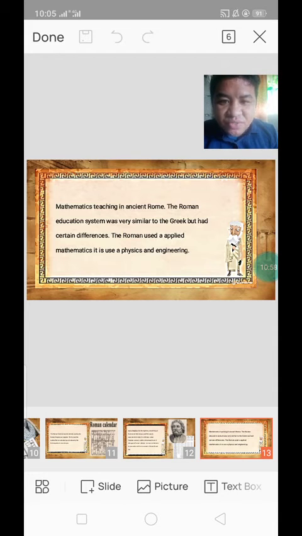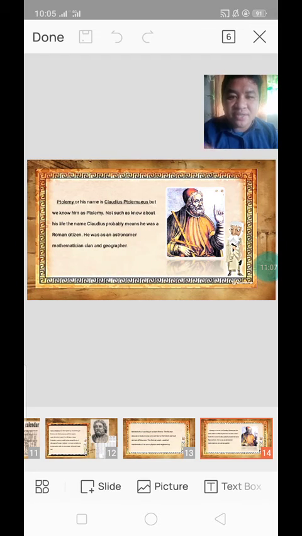Mathematics teaching in ancient Rome: the Roman education system was similar to the Greek but had certain differences. The Romans applied mathematics to physics and engineering. Then Ptolemy, whose name is Claudius Ptolemaeus, but we know him as Ptolemy.